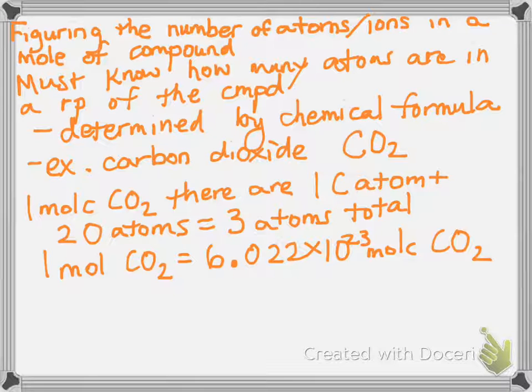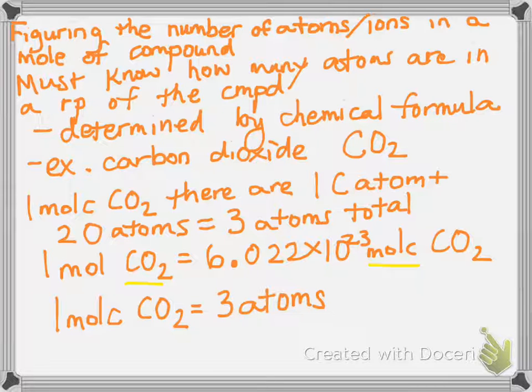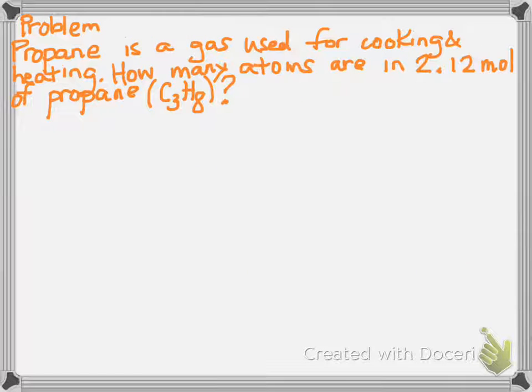In this case, because this is a molecular compound, my representative particle is a molecule. If I want to get to atoms, then I have to know that 1 molecule of CO2 has 3 atoms. So, again, let's take a look at a problem that involves this.